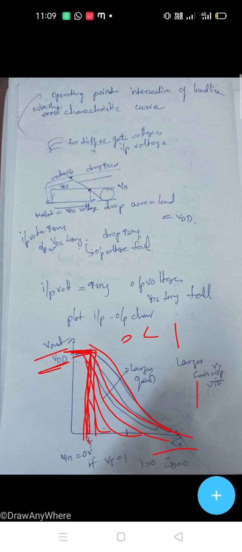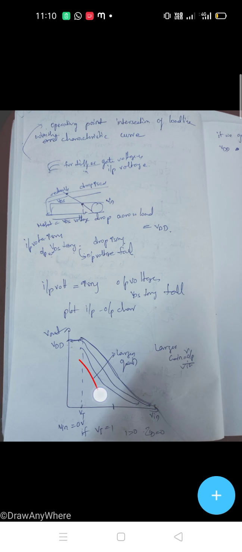If the circuit has a larger gain, we will have a sharp breakdown like this, from VDD to 0. Gain means output voltage by input voltage. Here we have three characteristic curves, and the last one is the larger gain. If you have a larger gain, then the circuit will behave like that.